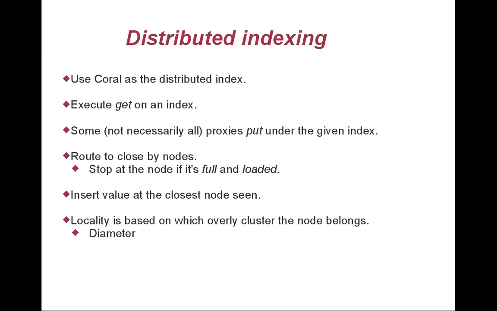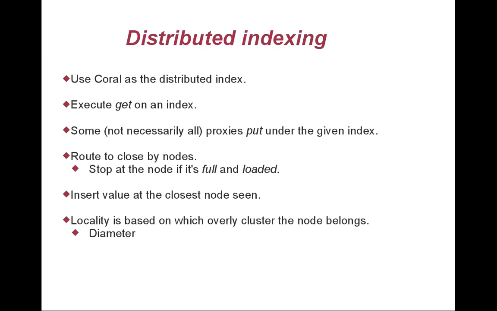Now, distributed indexing. This is used for holding the nodes that have certain cached files, and it uses Coral as the distributed index. There isn't a lot of detail in this paper about what Coral is, so I guess we'll just have to deal with the name.